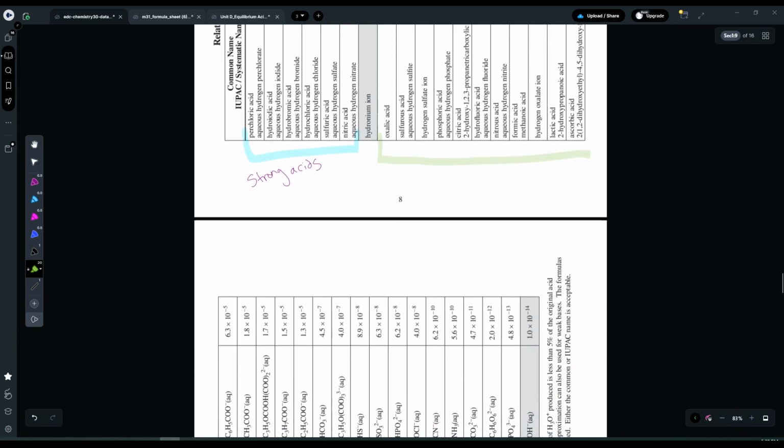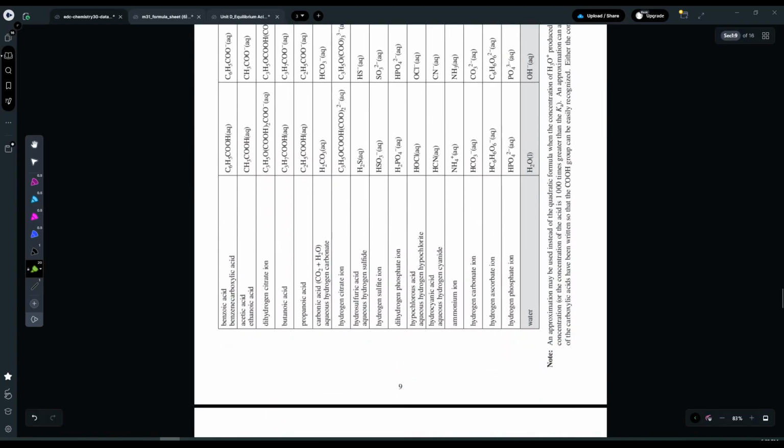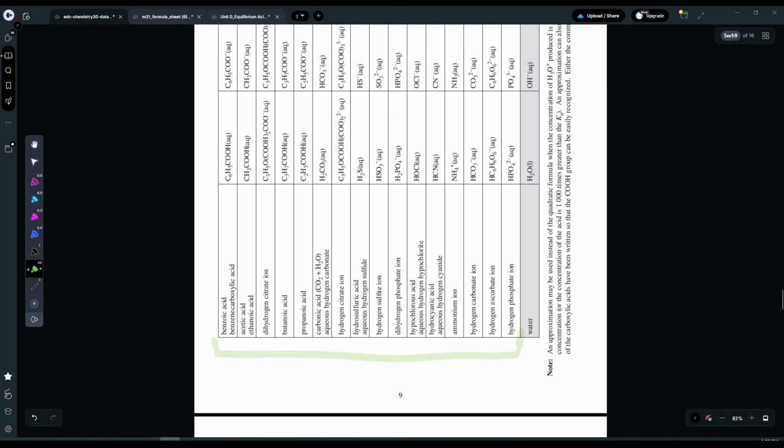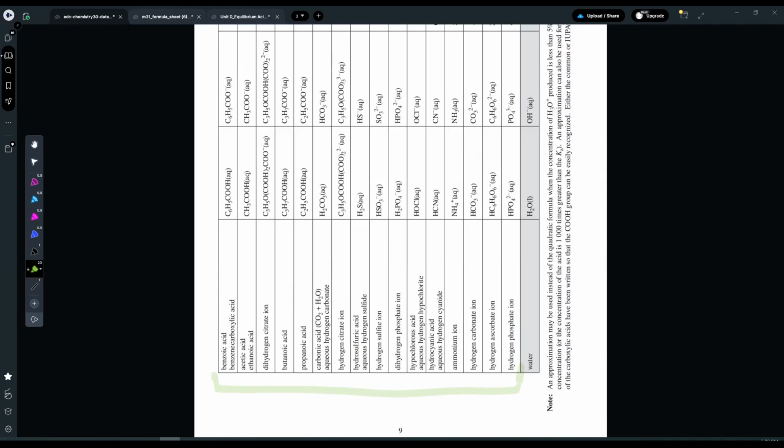So starting from oxalic acid and going down to hydrogen phosphate ions, everything in the acid formula column is a weak acid in between the 2 gray lines. So in between the gray hydronium line and the water line, all of those are weak acids.